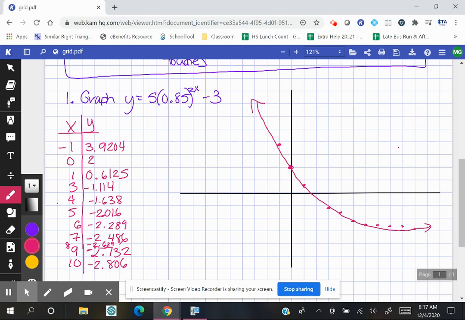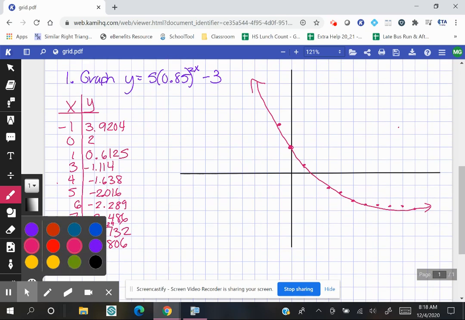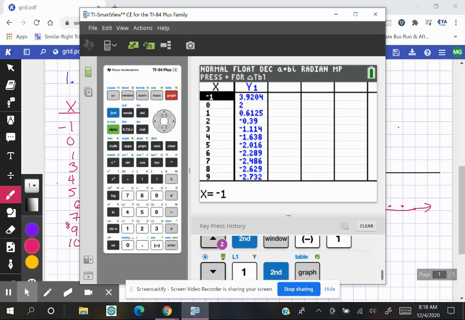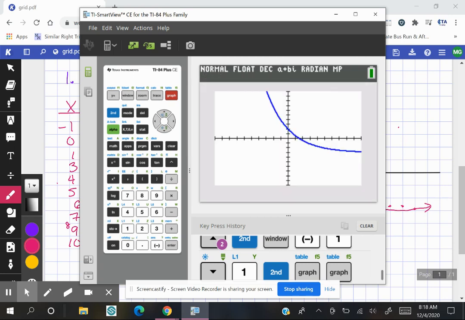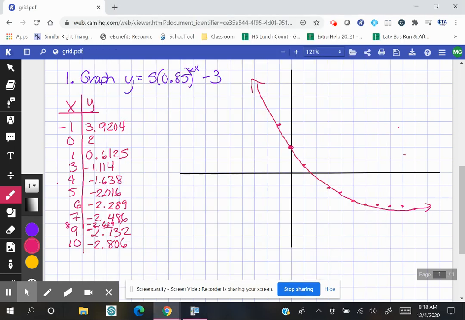And we'll see here that it starts to look like it's leveling off, right? So you can notice from this graph and from your calculator here that we have an asymptote, and the asymptote is going to be at -3. Another way you could tell that is by looking at your equation.